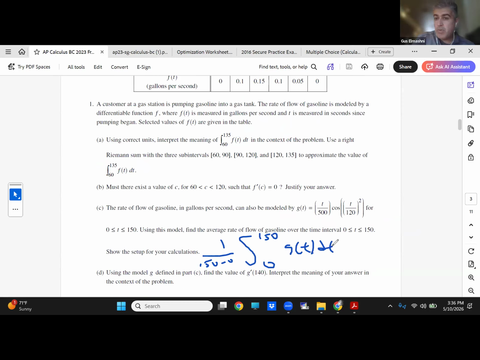So that should be pretty straightforward. Go and try that right now. Make sure you can get that just fine in Desmos. I'll wait for you guys to finish. Then we'll do part D. Then we'll do some BC specific stuff after that.